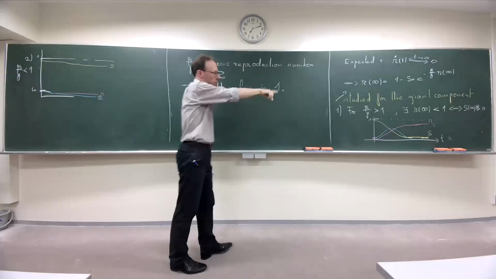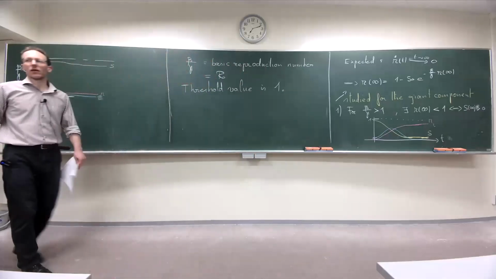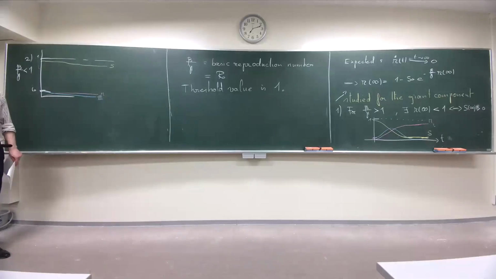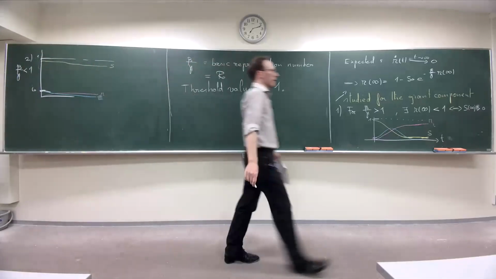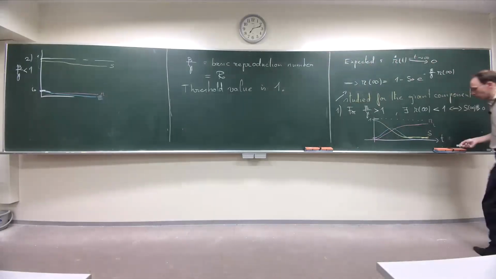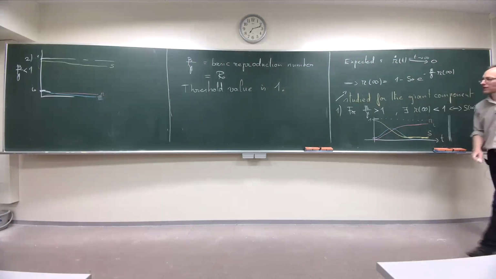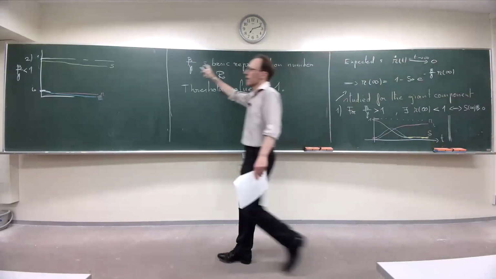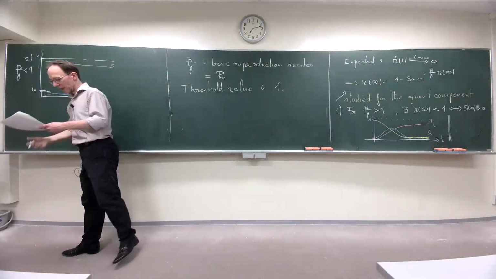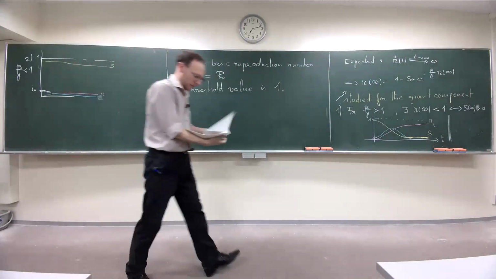And why? Because we have clearly a different behavior between what happened on the right and what happened here. In this case, we are going to say that an epidemic took place, while here there is no epidemic. So this is the epidemic situation, while here we have simply a decay of the number of infected persons.